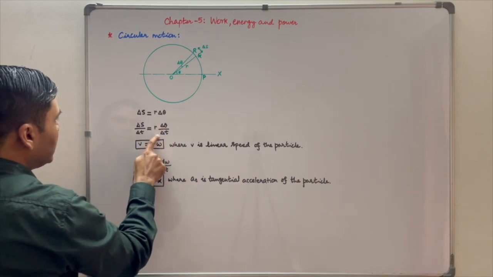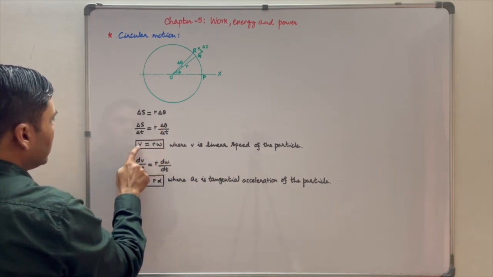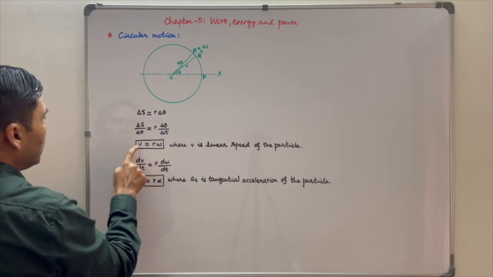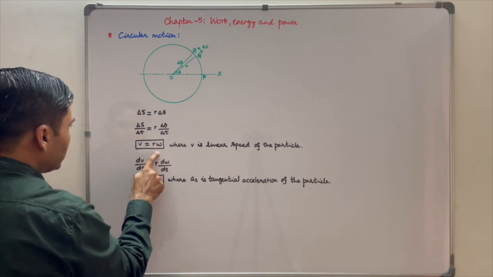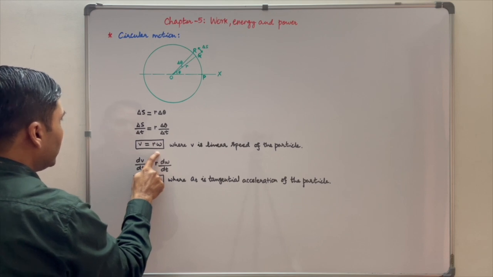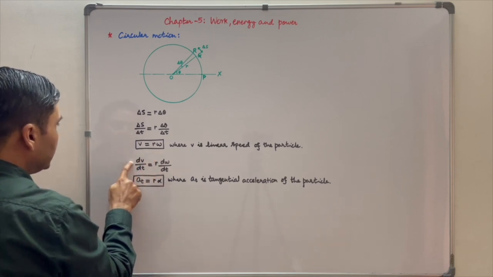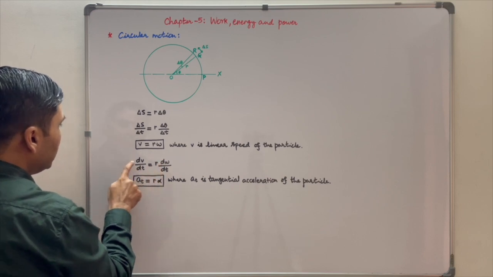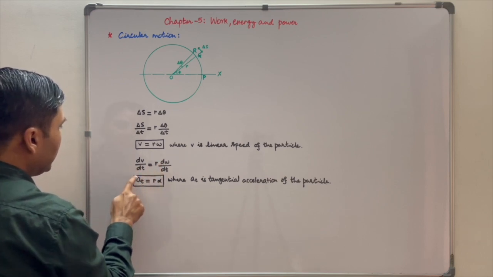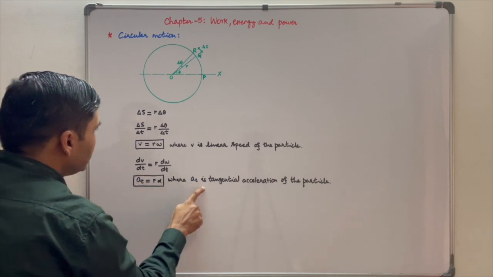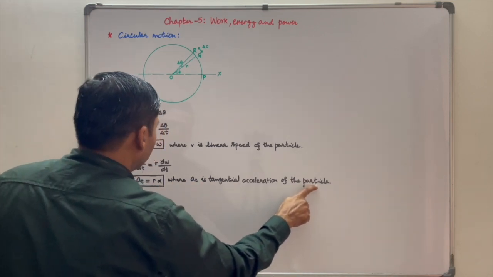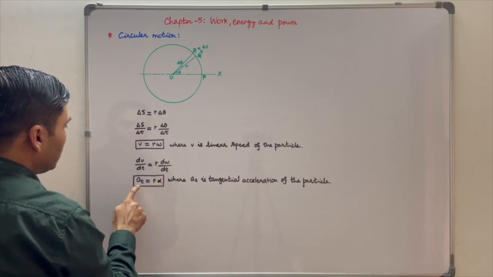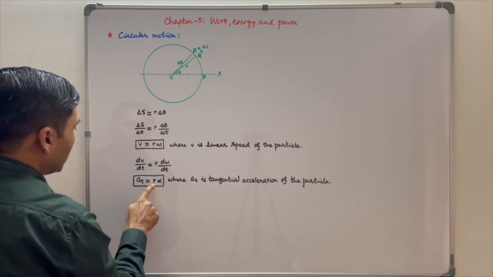Delta theta upon delta t is omega. So we have got this formula, v is equal to r omega. Now, if we differentiate both sides of this equation with respect to time again, we get dv by dt is equal to r into d omega by dt. dv by dt is represented by at, which is tangential acceleration of the particle. d omega by dt is alpha. So we have got another formula, at is equal to r alpha.